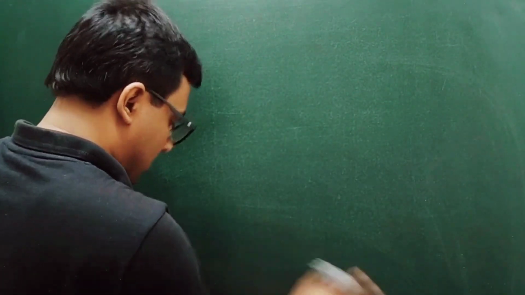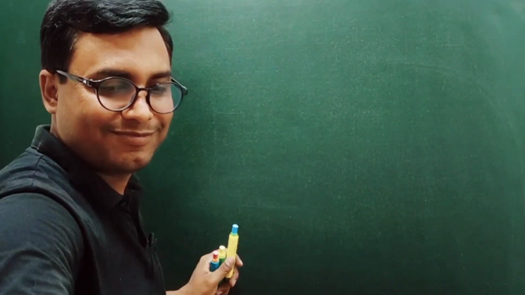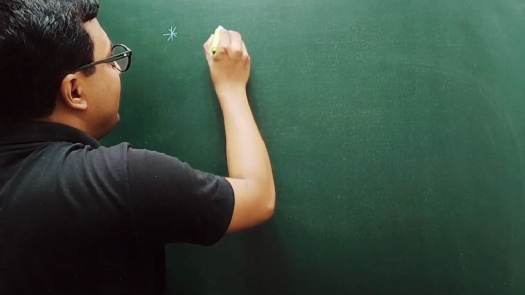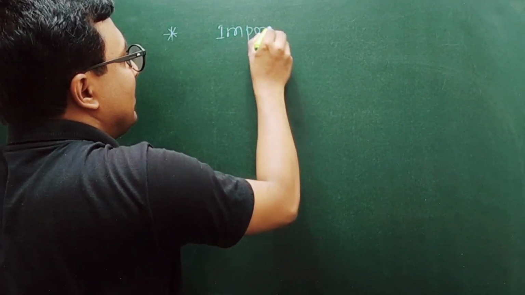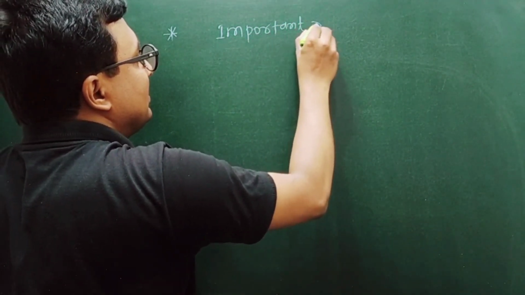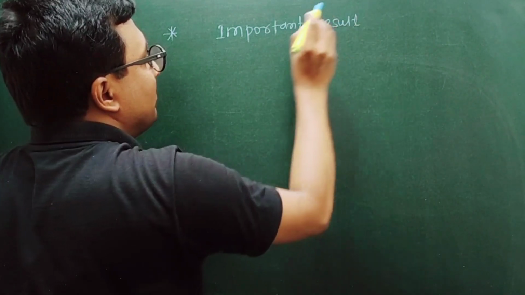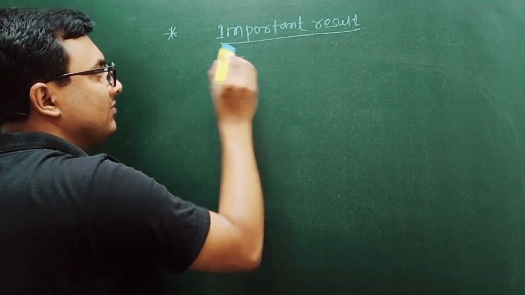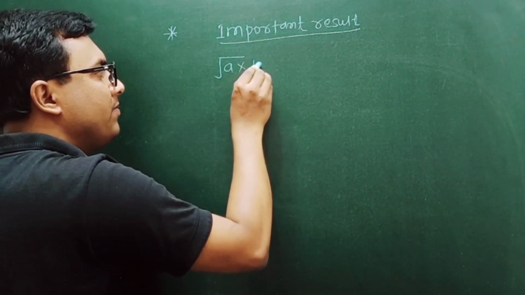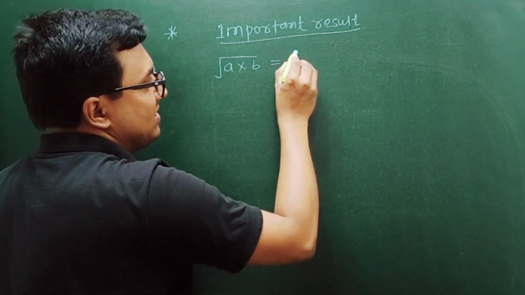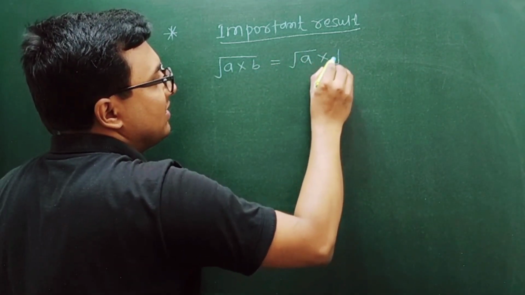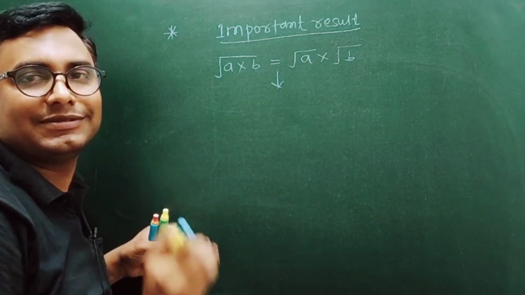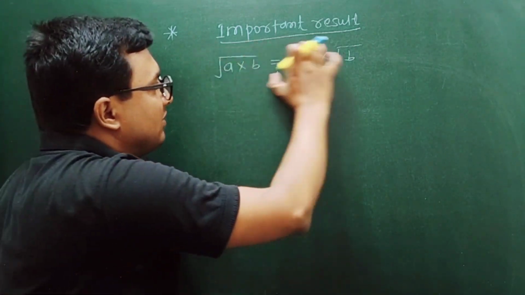The second topic is the concept of iota. Here is an important result: root under a into b is written as root under a into root under b, but there is a condition for this formula.